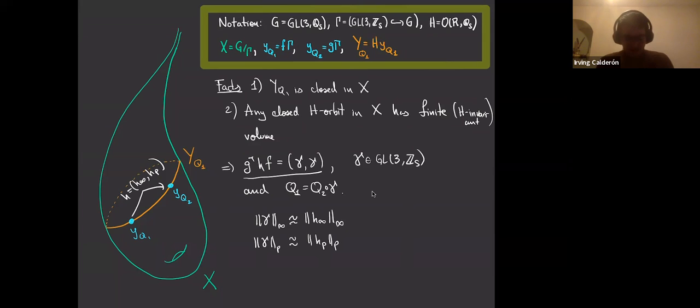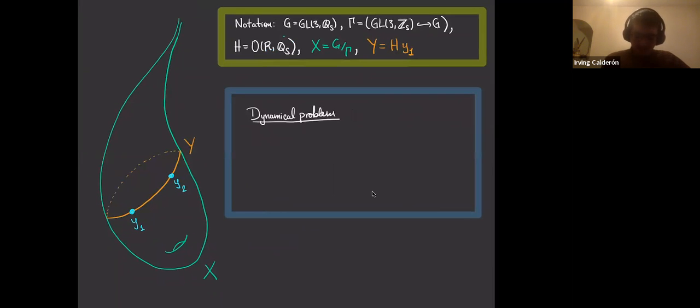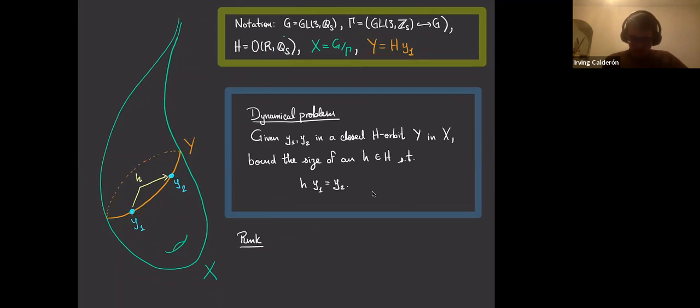Okay, so again, if we forget about the arithmetics, we're just in this dynamical situation where Y is any closed H orbit, and we're given two points there. And this time we want to bound the size of an h moving the first point to the second. So as before, this problem would be very easy if H were compact.